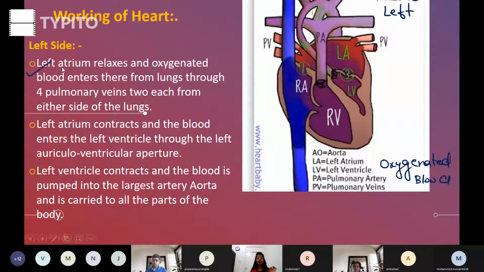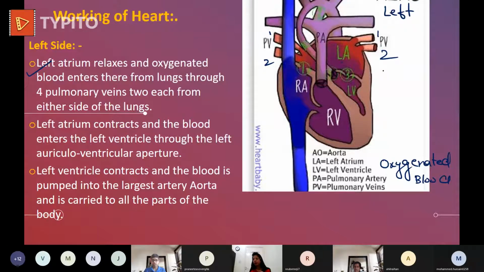So the left atrium relaxes and receives oxygenated blood from the pulmonary veins from the lungs, four pulmonary veins, two from either side of the lungs. Okay, so in the beginning the left atrium will relax and will be filled with oxygenated blood from the lungs through the pulmonary veins.